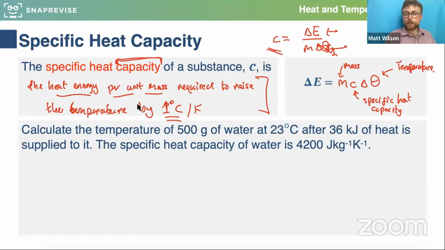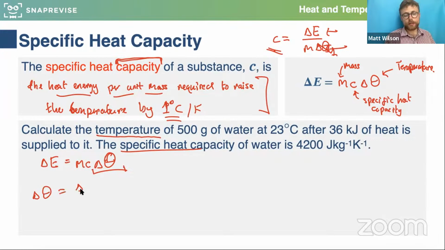So I have this formula that I'm probably going to want to use because they've mentioned specific heat capacity. So I should write down the formula where specific heat capacity is defined. What if they asked us to calculate the temperature? So our goal is probably going to be to find out this thing, so we're going to try and rearrange for it. The change in temperature is the change in energy over mass times specific heat capacity.